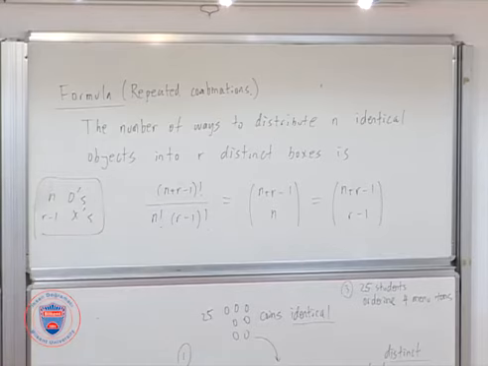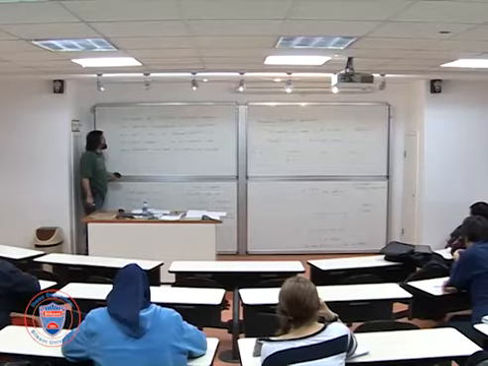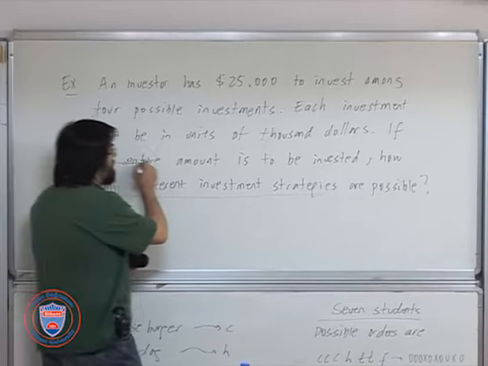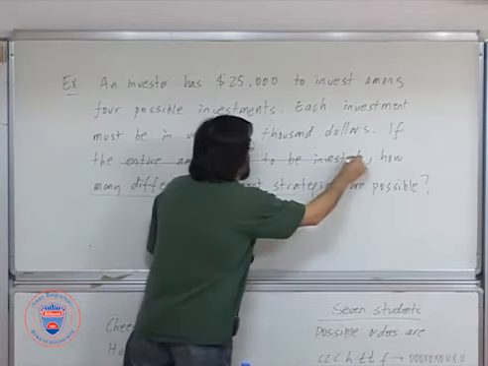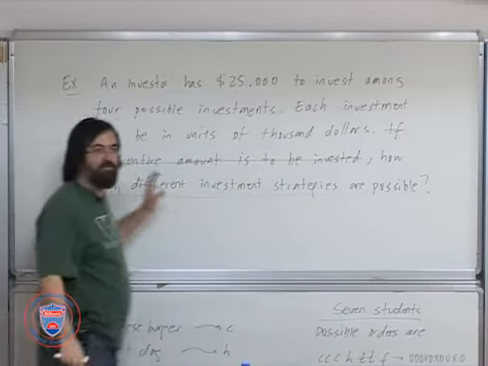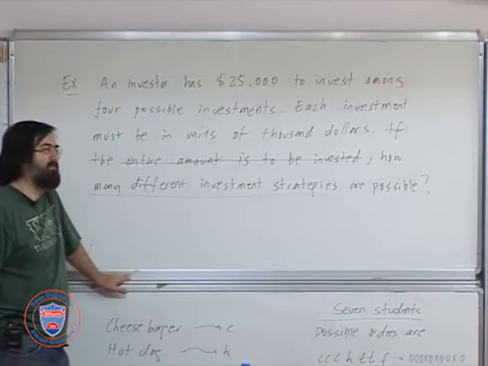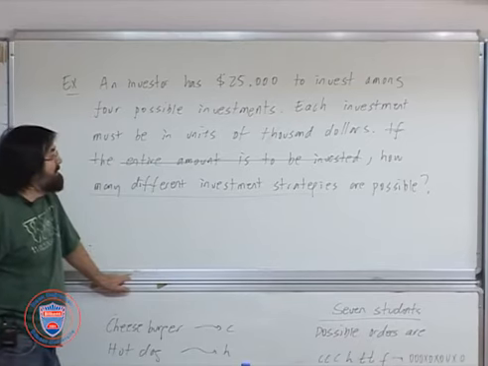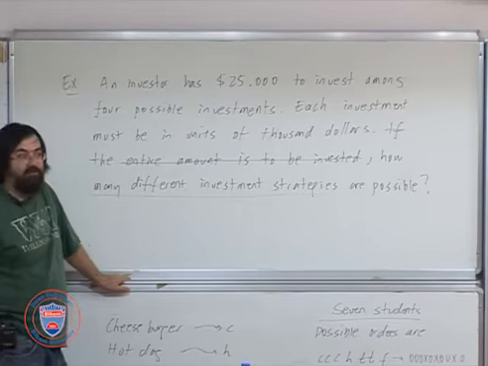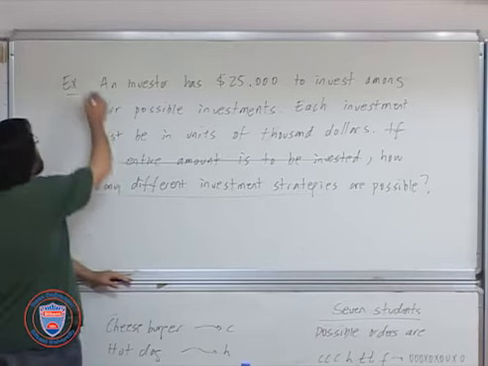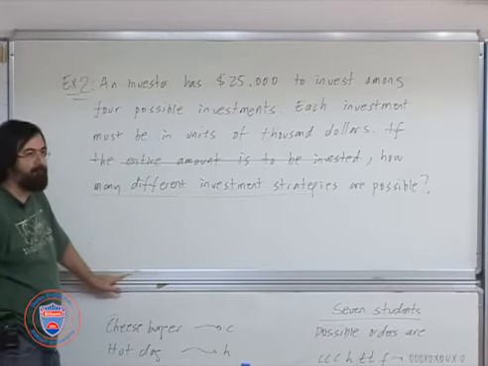Okay, so let's solve this question again by taking this out. Suppose that we don't need to spend all the money. How many different ways can you invest $25,000 into 4 different investment possibilities? So this is your second type of question.